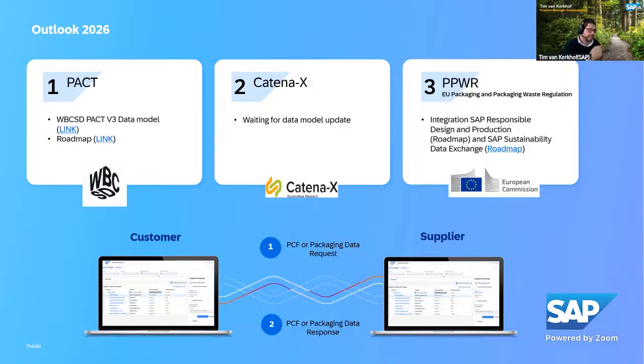And as now visible also on the roadmap, we will move to our first additional use case beyond product carbon footprint, which is the PPWR, packaging and waste regulation, to communicate and collect packaging information from packaging suppliers and communicate packaging information within the supply chain as well, in connection with our RDP, responsible design and production colleagues.